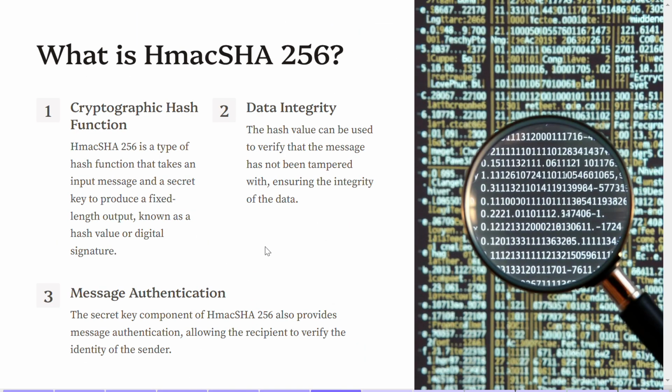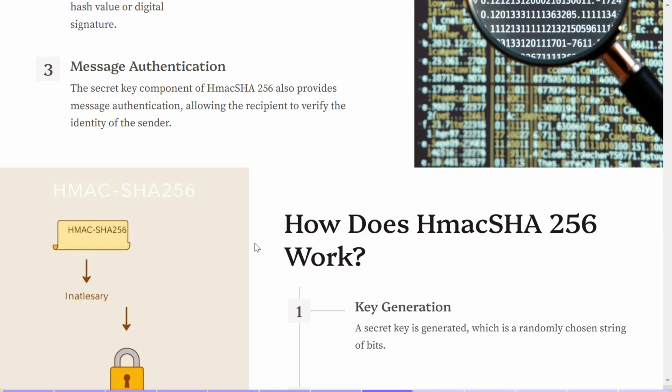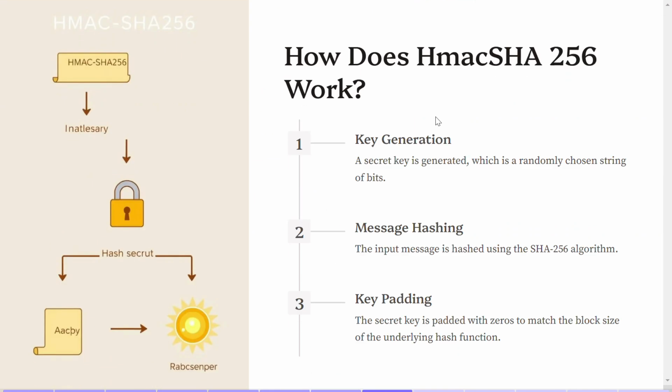Okay, what is HMAC SHA? We already know this. It is a cryptographic hashing function. It provides data integrity and message authentication. We already discussed these three things. Let us skip it. We have discussed the HMAC SHA-256 working algorithm in normal terms.